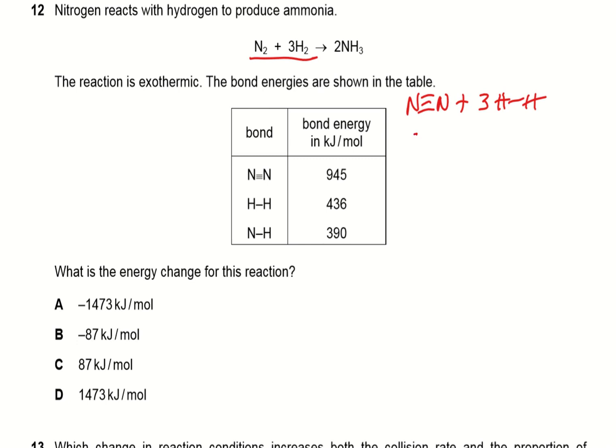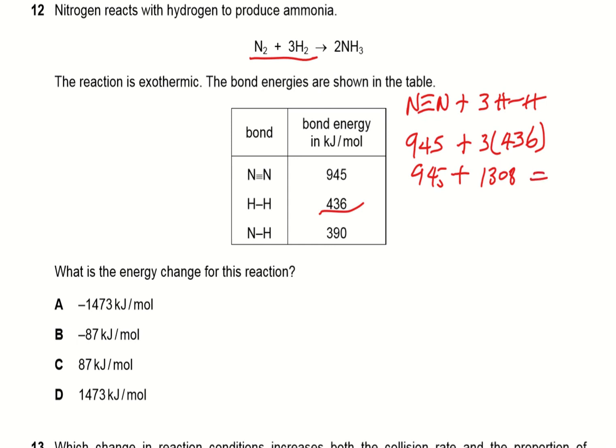So we have 945 kilojoule per mole broken, plus 3 times hydrogen to hydrogen, value is 436. So that should give us 945 plus 436 times 3, which gives 1308.